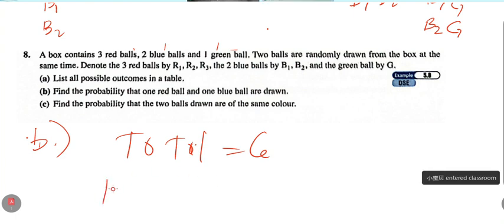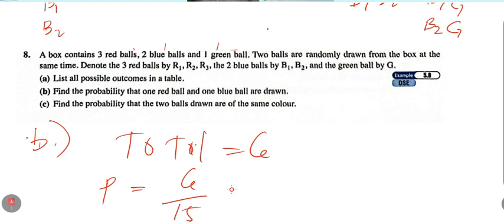So let's write it here. The probability is equal to 6 out of 15, which we can reduce to 2 out of 5.